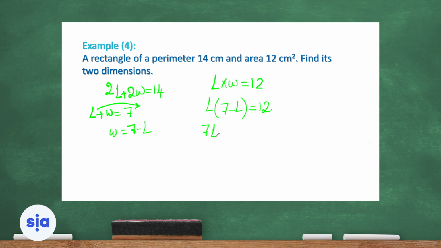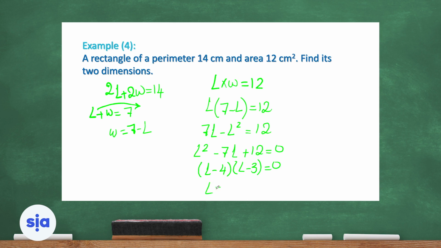So 7L minus L squared equals 12. Then to write it as a quadratic, so L squared minus 7L plus 12 equals 0. If you factorize, (L minus 4)(L minus 3) equals 0.